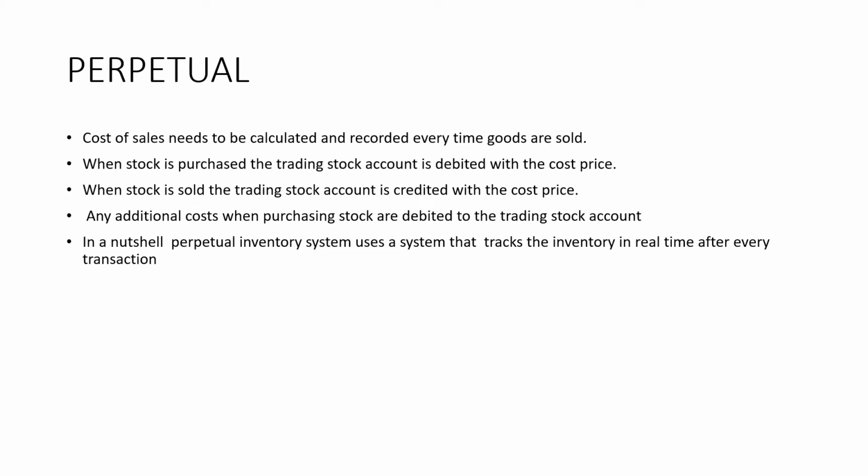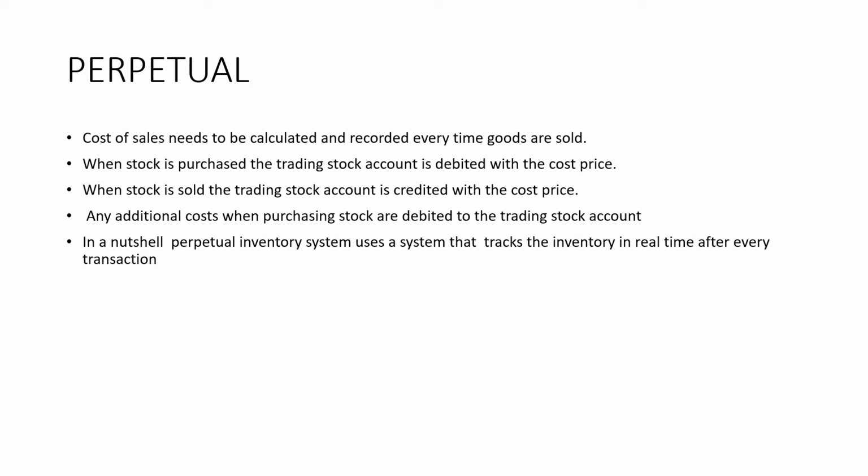For example, supermarkets. Supermarkets use a system called the point of sale. So every time you go into a supermarket, you pick up an item and you have to go to the tills to get it scanned. When that item is scanned, it is automatically and immediately recorded, which makes it easier for the business to compare their physical stock count with the recorded stock count.